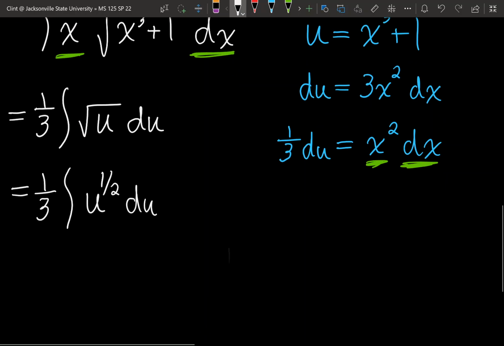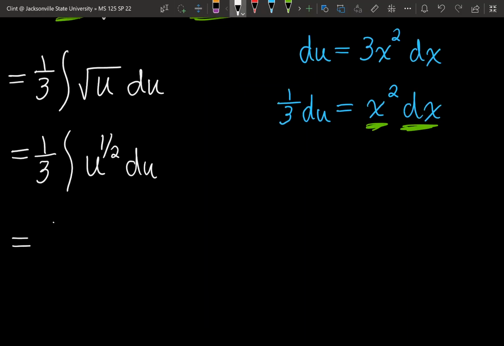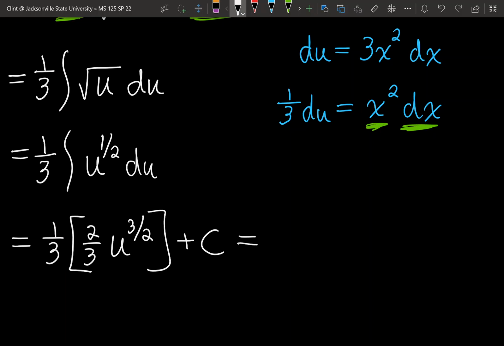So our antiderivative would be u to the 3/2, 2/3 up front, and then plus c. So if we simplify that, that's 2/9, u to the 3/2 plus c.